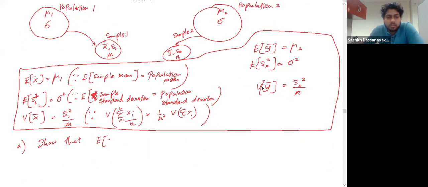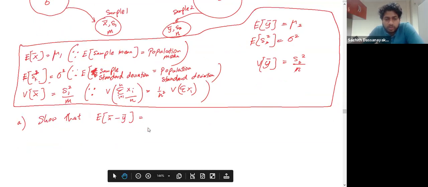Here, the expected value of x bar minus y bar equals mu1 minus mu2.